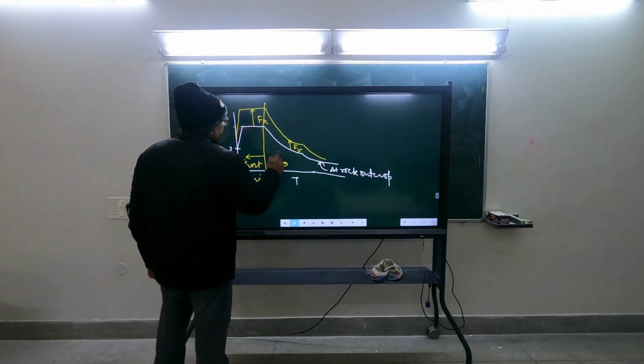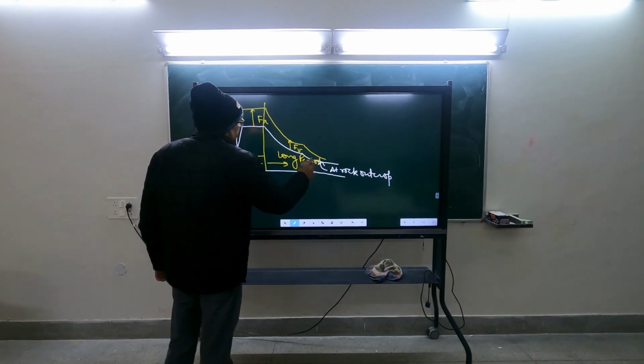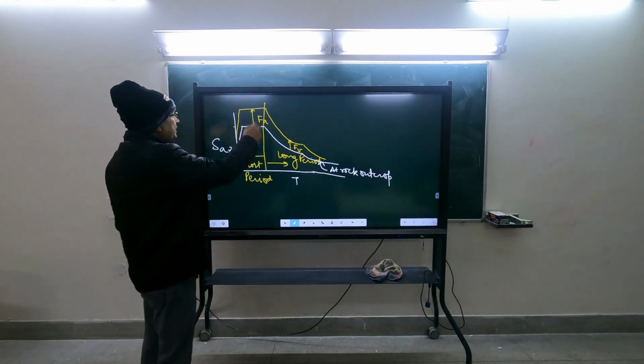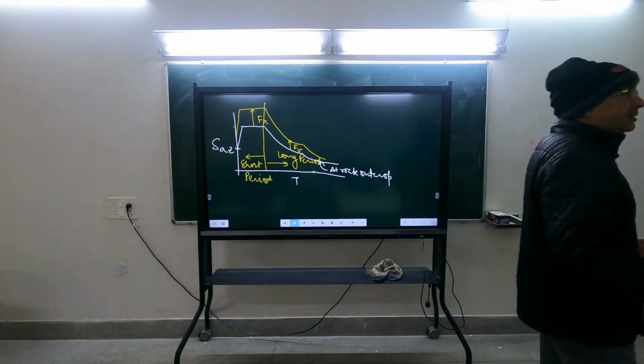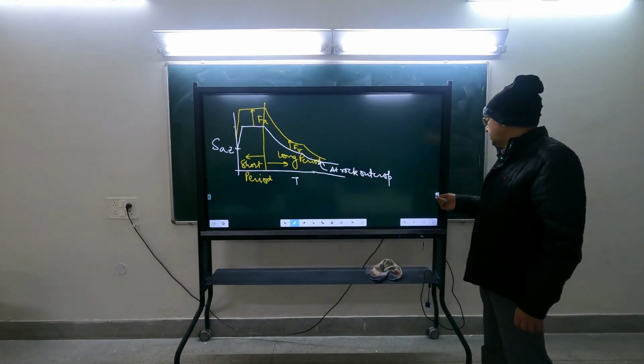Beyond this point it is called the long period range, or acceleration control range and velocity control range, as we discussed earlier. So in short period and long period, these amplification factors are different due to soil. What does ASCE 7 give?